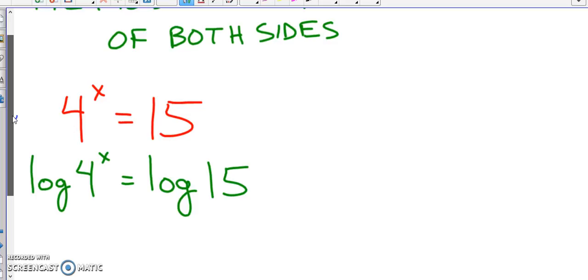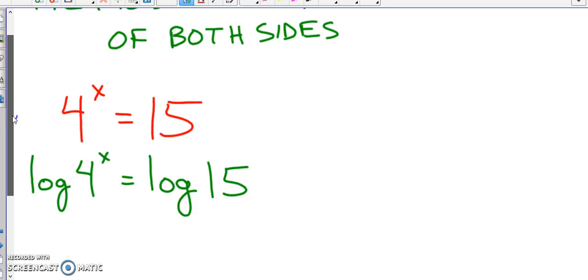Think about our properties. Where's x right now? Up in the exponent. Don't we have a property of logarithms that deals with exponents? And how does that work?